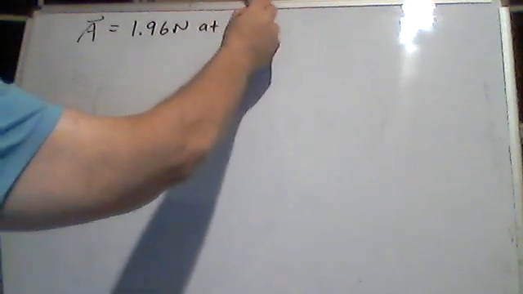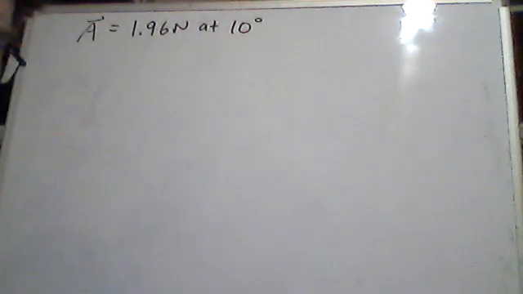Okay, so again, what is the problem? Let me go back to the actual lab again one more time. Make sure I get it right. Okay, so again, case 3 is A: 1.96 newtons at 10 degrees. Okay, this is the last part of the video, the graphical part of case 3.